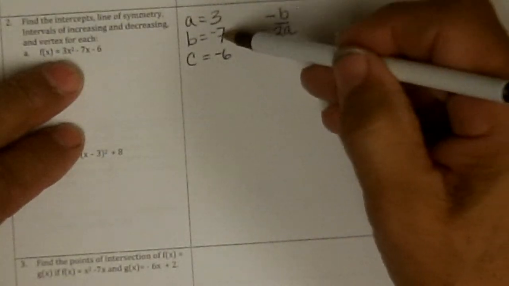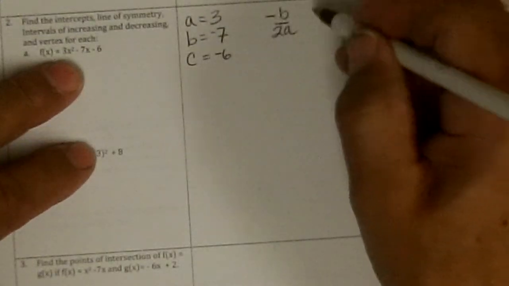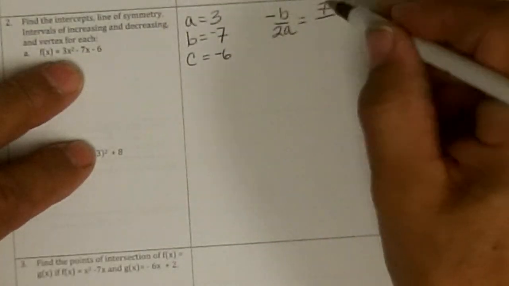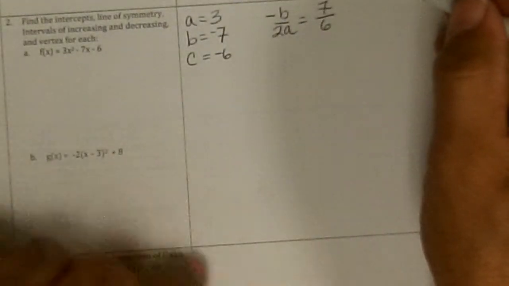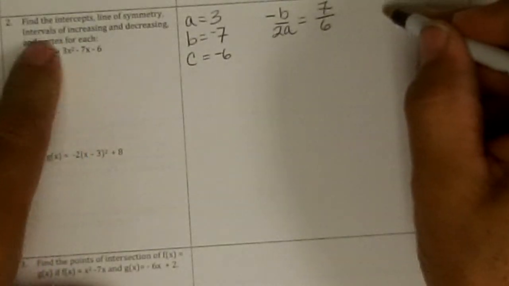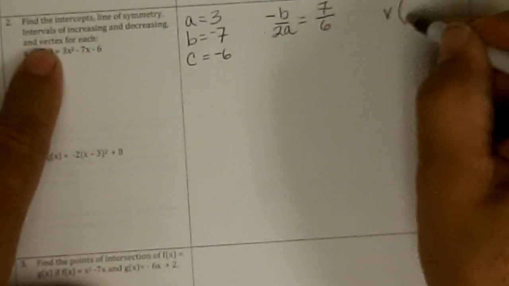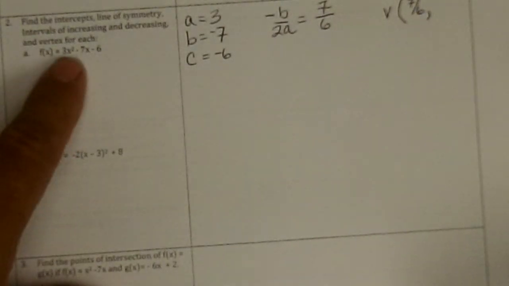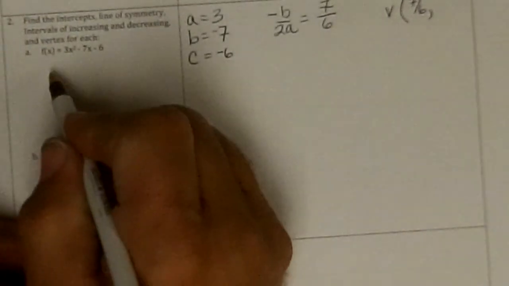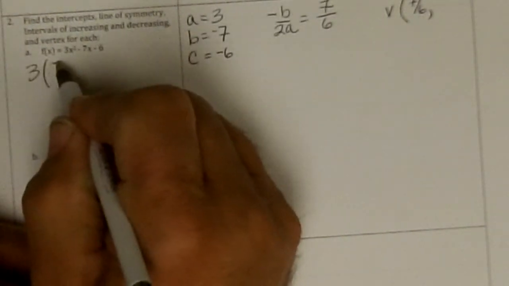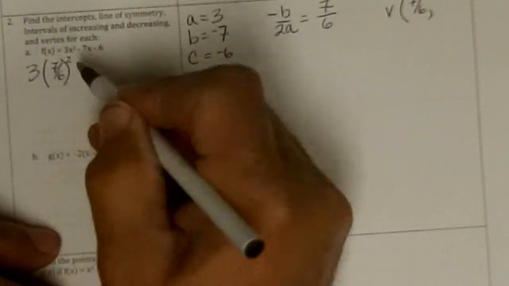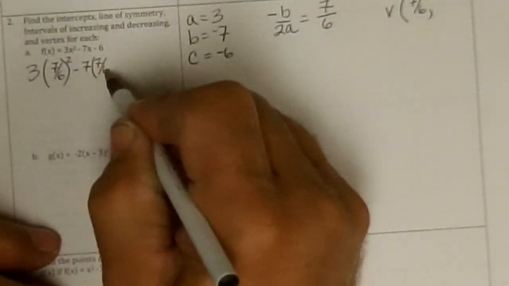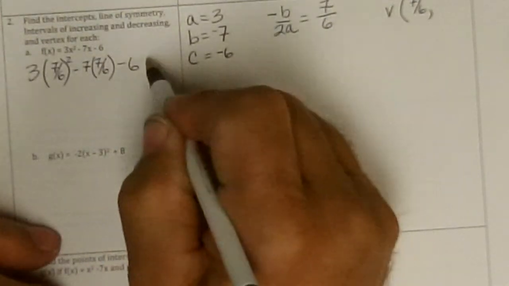So that would be the opposite of -7, which is +7, over 2 times 3, which is 6. So the vertex will be at x = 7/6, and then we'd have to put that into the equation. So that'd be 3 times (7/6) squared minus 7 times 7/6 minus 6.